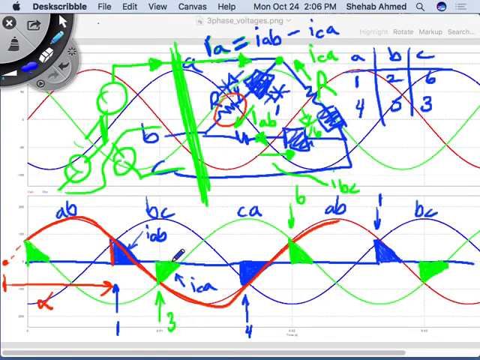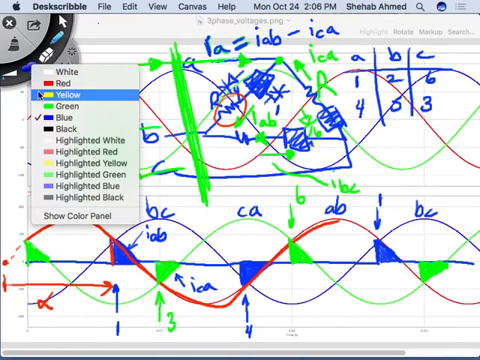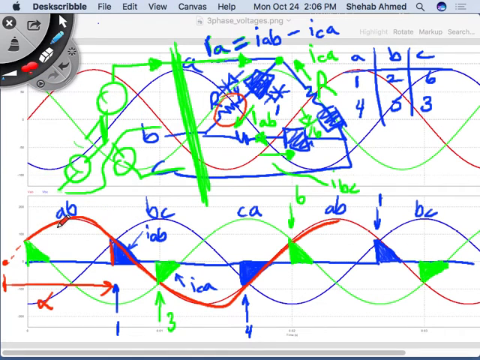The blue waveform is 0 and the green waveform is negative, so it's 0 minus a negative number, so this will be flipped. So the waveform for IA would look like this, and then like this, and then like this.